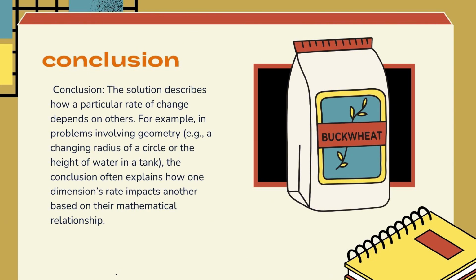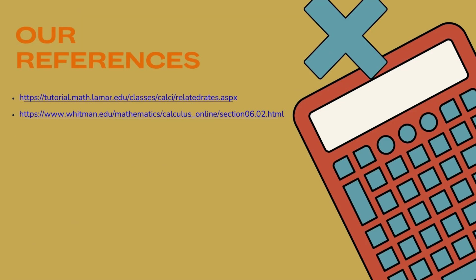For example, in problems involving geometry, like the radius of a circle or the height of water in a tank, the conclusion often explains how one dimension's rate of change impacts another based on their mathematical relationship. So, remember, when tackling a related rates problem, focus on identifying these relationships and using the chain rule to connect the rates of change. That's all for our presentation.